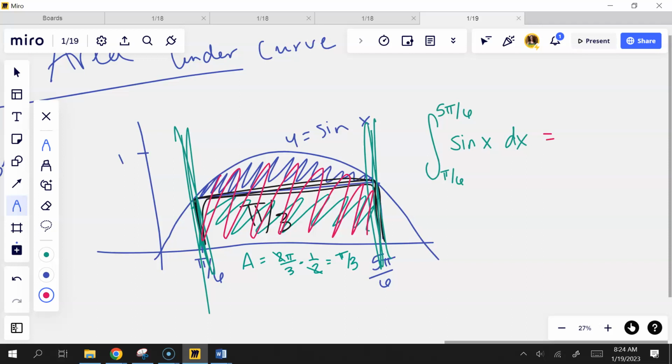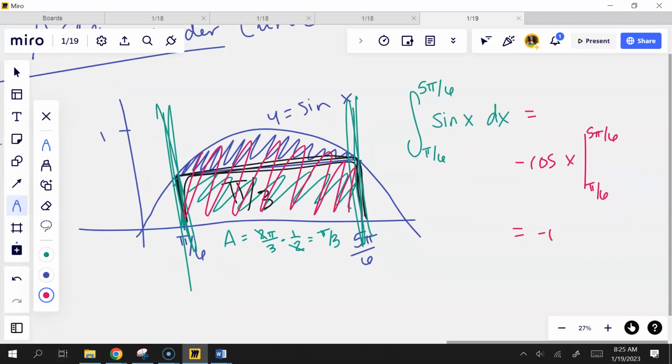Does that make sense? All right, so what's the antiderivative of sine? Negative cosine. There you go. Good job, Drew. From pi over 6 to 5 pi over 6. Negative cosine of 5 pi over 6 minus negative cosine pi over 6.